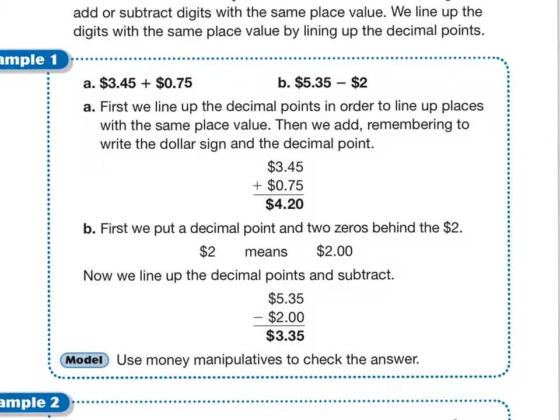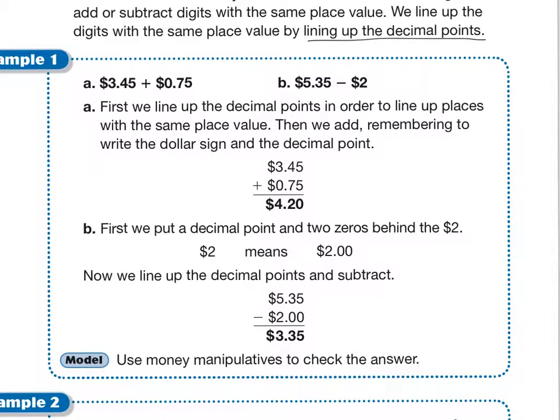What's really important when you're adding and subtracting numbers with decimals is that the place values are all lined up. It is vital to get the place values lined up. And the easy way to know you're matching the right place values with the right place values is making sure that you line up your decimal points.